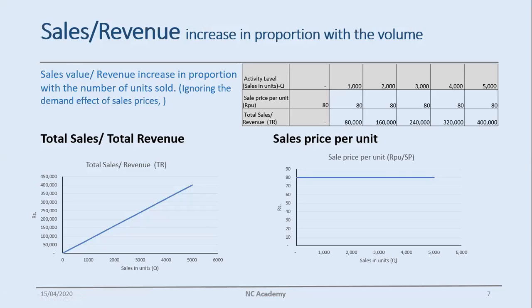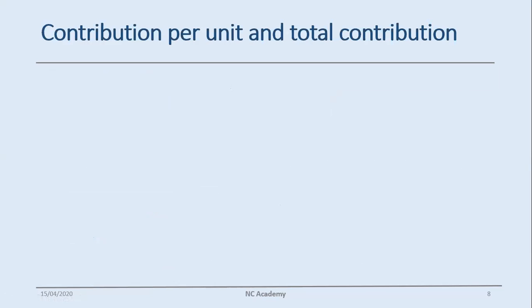So now, having understood how fixed cost, variable cost, and sales revenue behave with the volume, let's see how we can calculate contribution per unit and total contribution.